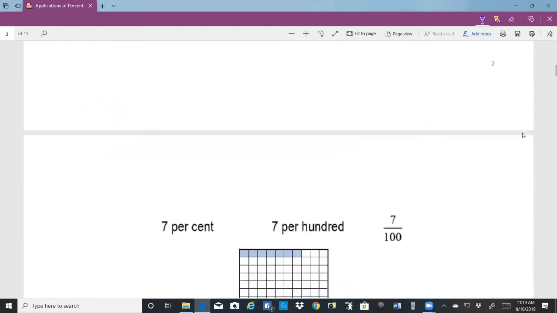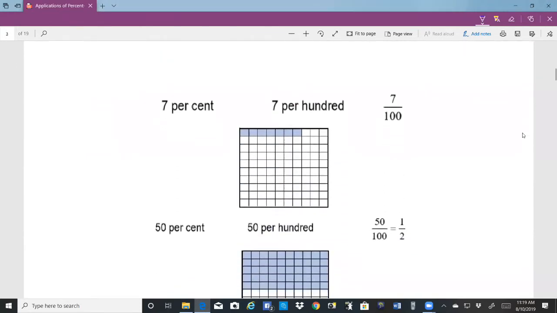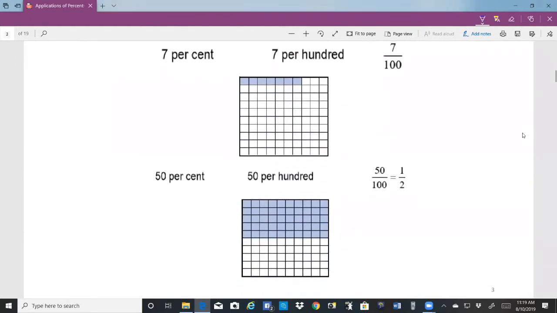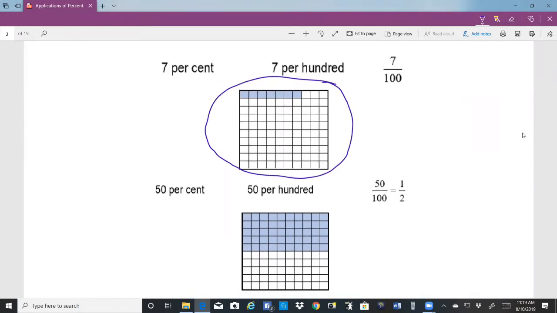Just to give you a feel for it, suppose you had a box with 100 sub-boxes, and you wanted to represent 7%, you would just take and highlight 7 of those boxes.